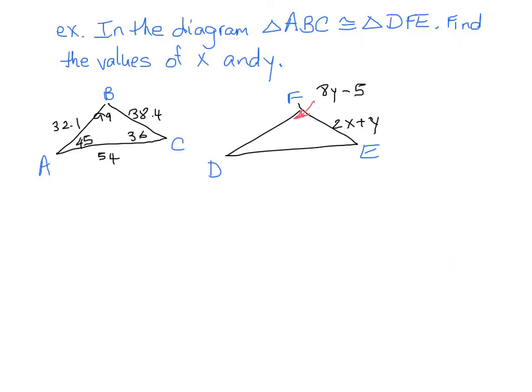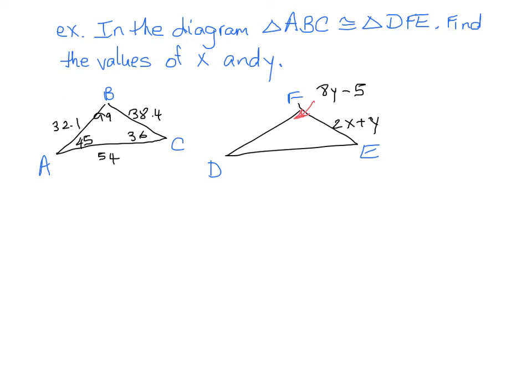Okay, so let's take a look at an example that we could possibly get. So here we have a congruence statement that triangle ABC is congruent to triangle DFE, which means that B and F are our corresponding angles here, according to our congruence statement. All right, so that means that these two triangles are congruent, and the angles are equal in measure to the angles, and the sides are also equal in measure to the sides.